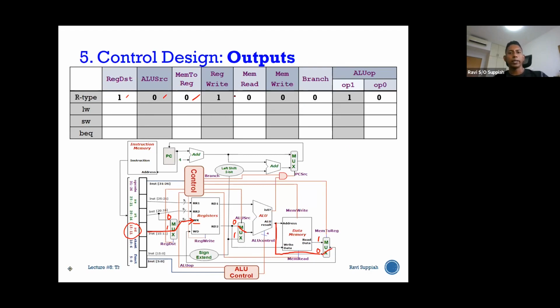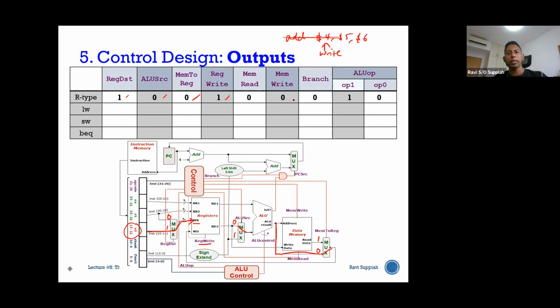Now register write has to be a 1 because for R-type instruction, if you look at any R-type instruction, add, 4, 5, 6, we always need to write back to the destination register. So the register write here has to be a 1.